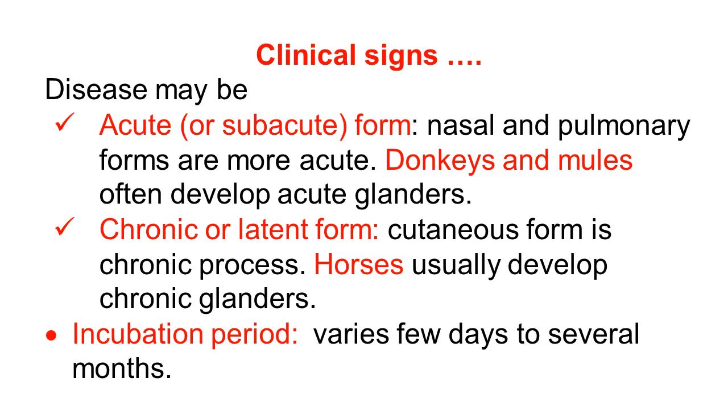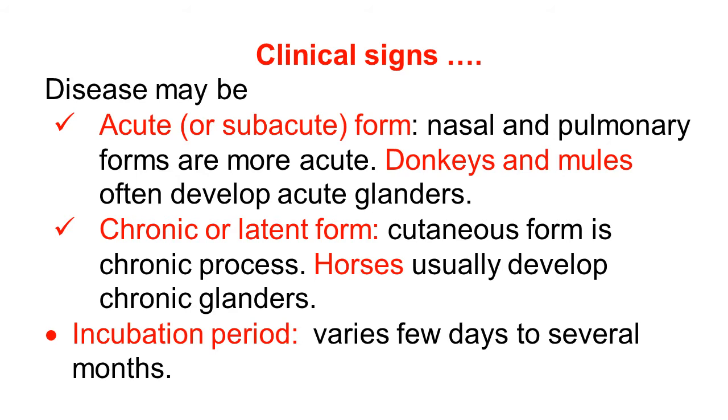Continue with the clinical signs. There is another way of classification. Disease may be acute or subacute form, or chronic or latent form. Acute or subacute form is generally a nasal and pulmonary form. Donkeys and mules often develop acute glanders.